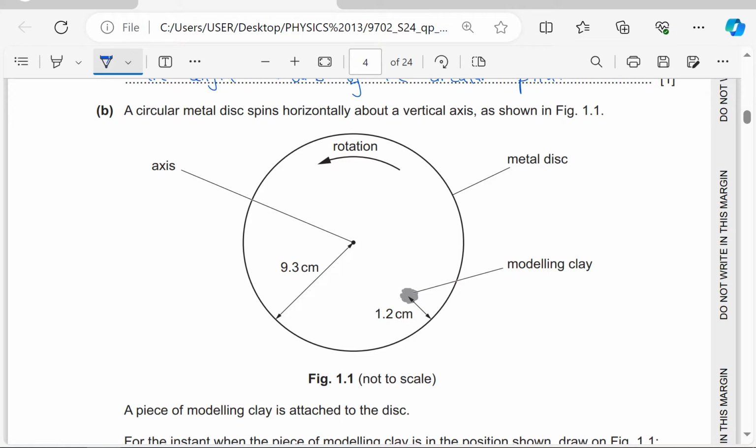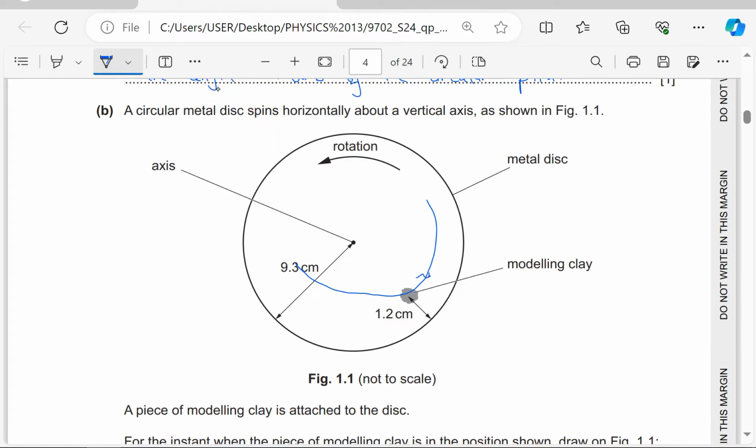So we see that the rotation is anti-clockwise. At every point, the velocity is always tangential, so it is a tangent to the direction of the path. So it is going to be in this direction here. Because it's moving anti-clockwise, if I was to trace a circular path around here, then the tangent to the circular path is going to be the direction of the velocity.